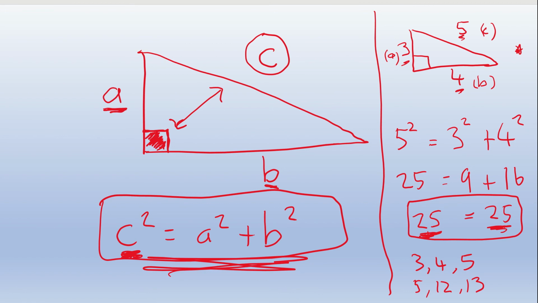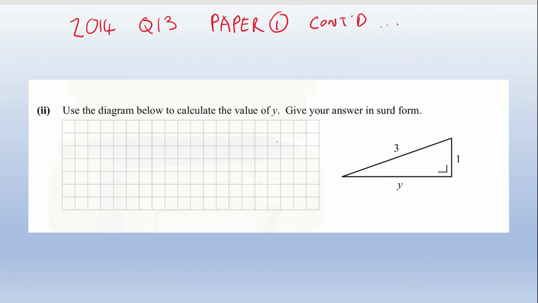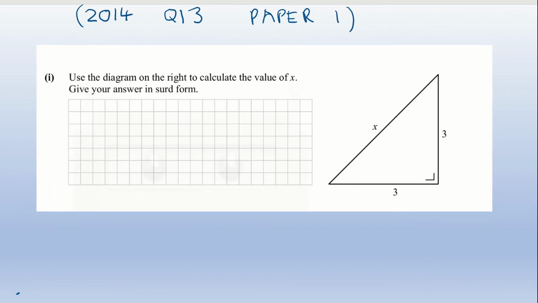Okay. There are two other ways that this question could be asked, and that's covered on this exam question here: 2014 question 13 on your paper 1. There was an I part and an II part that I've taken out, and they're asking a different variation of the question that we were just after doing.